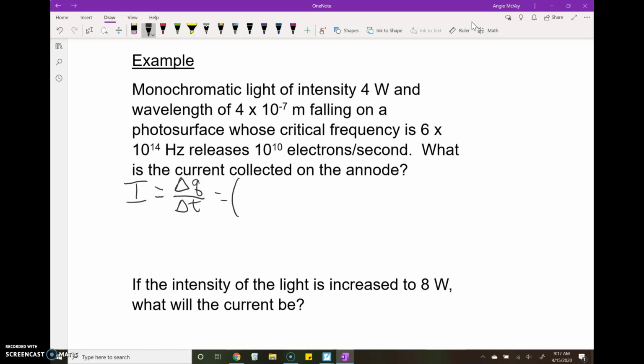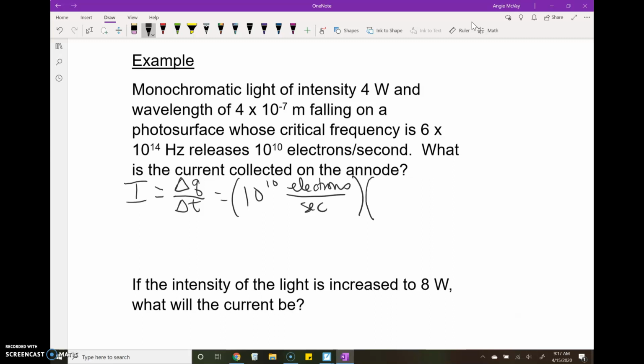Well, we know that 10 to the 10 electrons are emitted every second. So we've got seconds in the denominator and electrons in the numerator. What can we do with that? We want coulombs in the numerator.